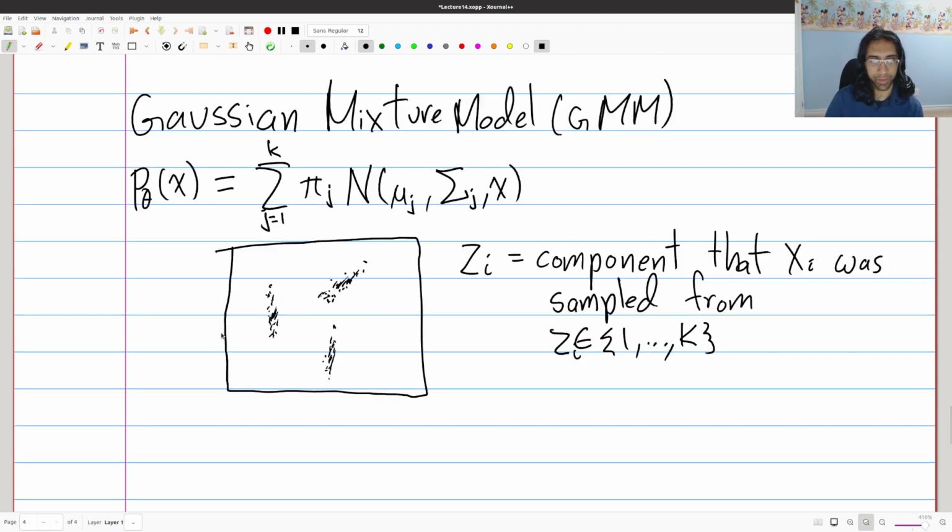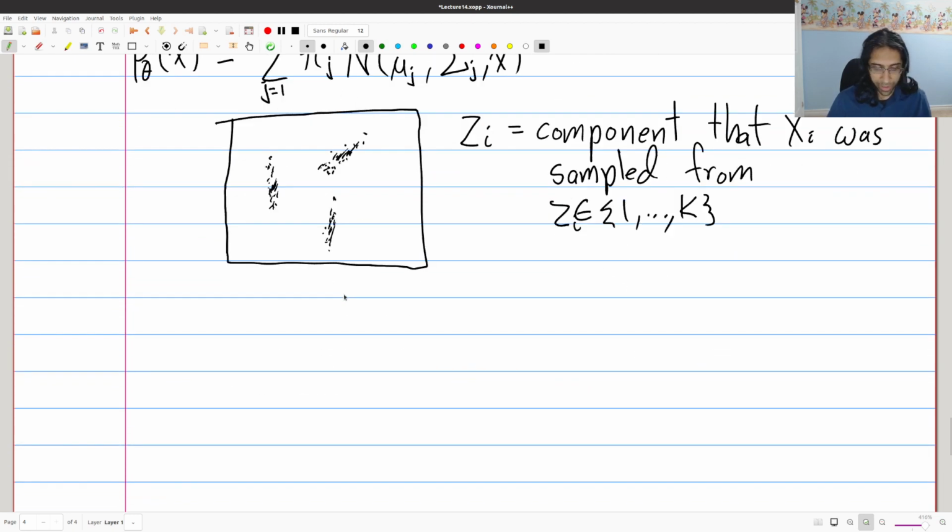Well, then I claim it's relatively easy to solve this problem. And why is that? Well, we can once again use the maximum likelihood estimator. So what is the maximum likelihood estimator? Let's just write it again.